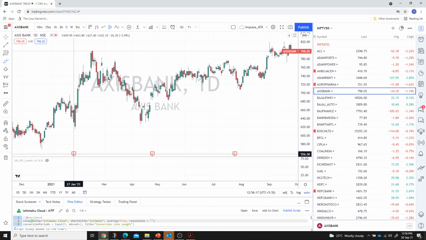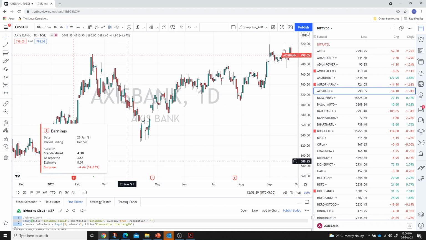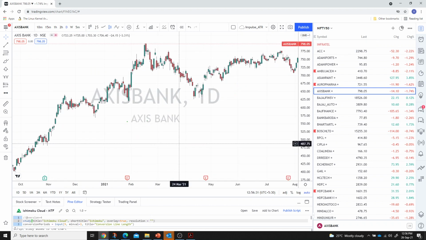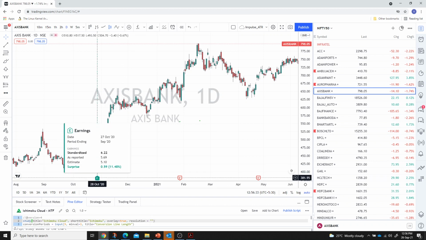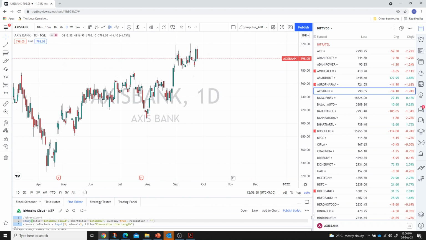So there is earning information also in the chart. An earning symbol with down arrow like this means that the earning was negative, and if it is with an up arrow, it means that earnings was positive.